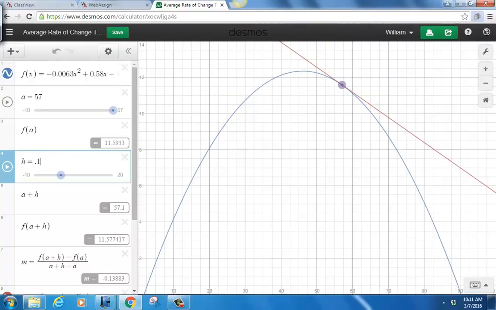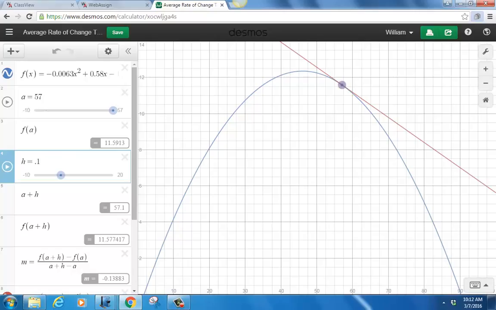And when you have an increment of 0.1, already you can't even tell the difference. This is a secant line that's drawn here. It really does cross 2 points on that graph, but the 2 points are so close together that you can't even distinguish them. We're drawing the secant line from 57 over to 57.1, so close together in this graph that you can't distinguish those 2 points.